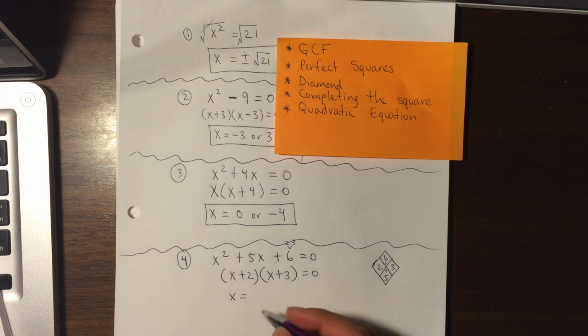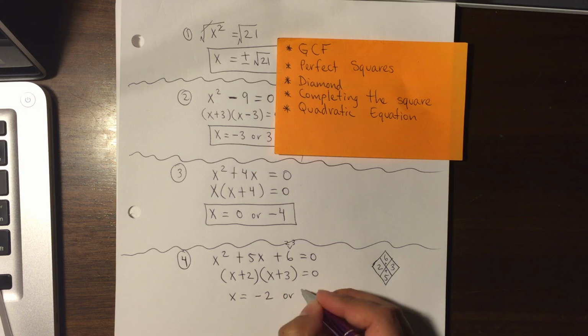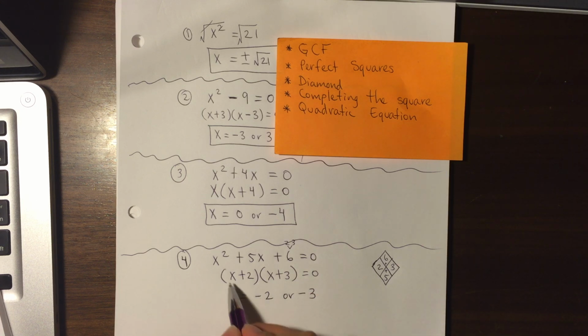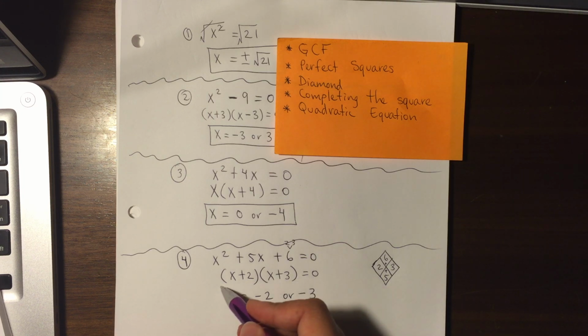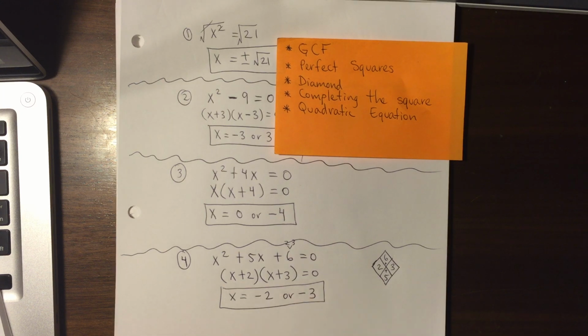So the values that x can possibly be are negative 2 or negative 3. Again, because a negative 2 in here, negative 2 plus 2 will give me 0. And then if I plug the negative 3 in here, negative 3 plus 3, that will also be 0. Okay, so these are my two answers.